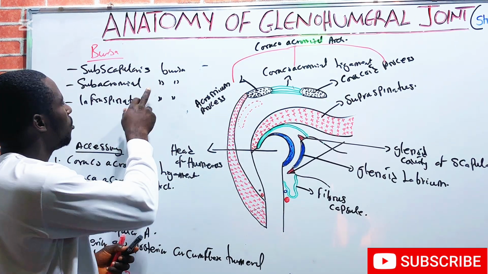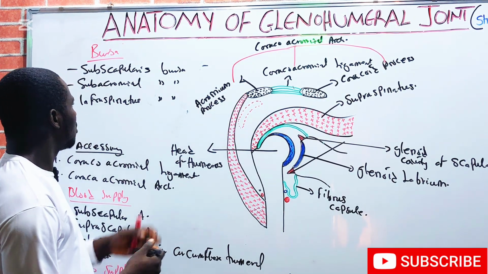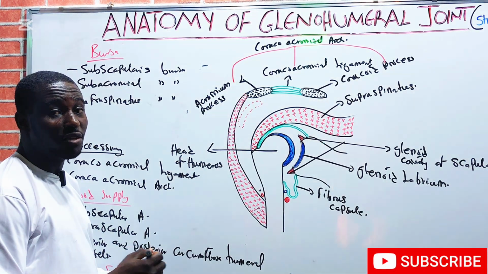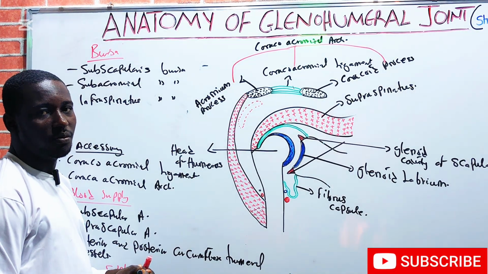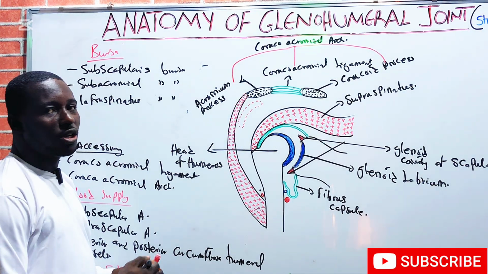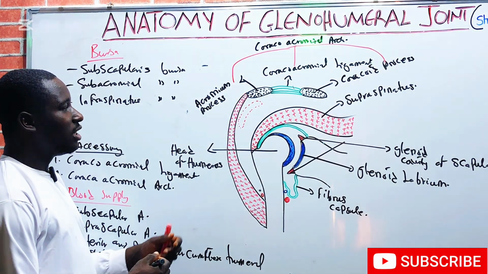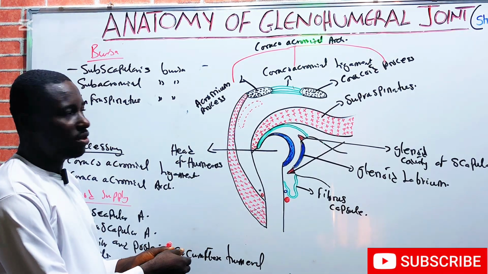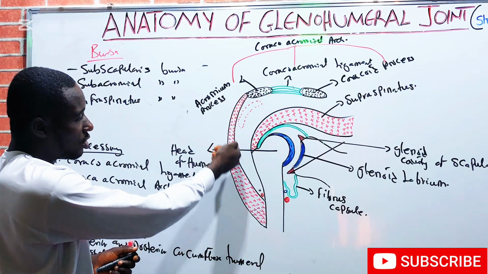Now the subacromial bursa, as you can see here, is the largest synovial bursa in the human body. It can be called the subdeltoid bursa. Why is it called the subdeltoid bursa? Because the deltoid muscle continues downward. You can see the deltoid muscle here.